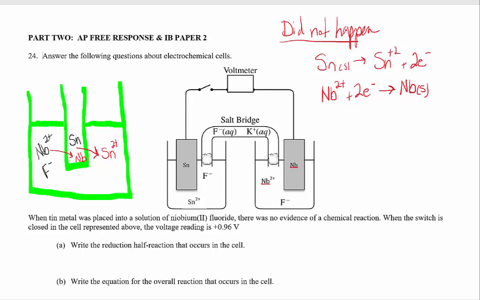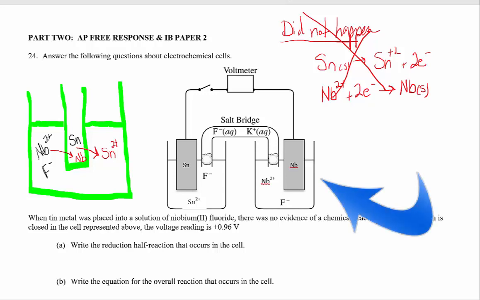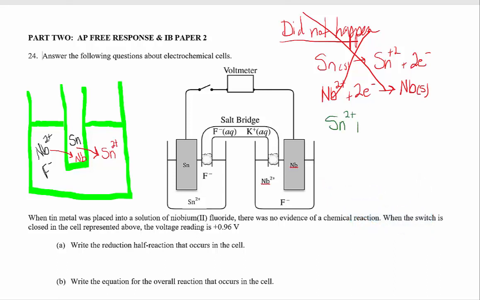So this did not happen, which means when we put the tin and the niobium electrodes in this cell, the opposite's going to happen. In other words, we're going to reverse all these. The tin 2+ ion is going to be reduced into tin metal.